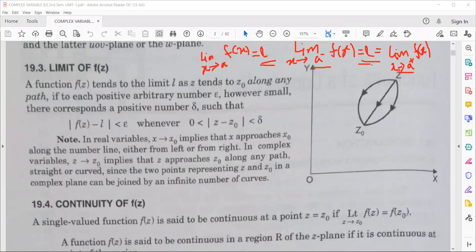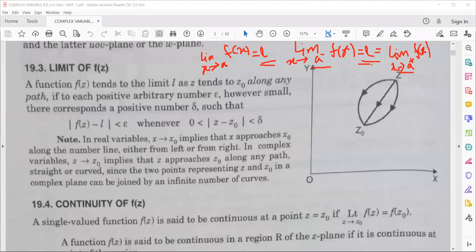So only one condition is there for the existence of a limit. If the left hand limit of a function and the right hand limit of a function, when x approaches a particular point, are the same, then only you can say that the limit of the function at that point exists.